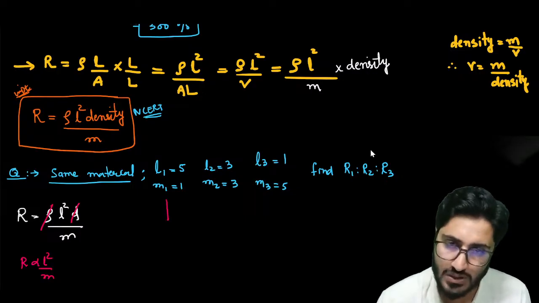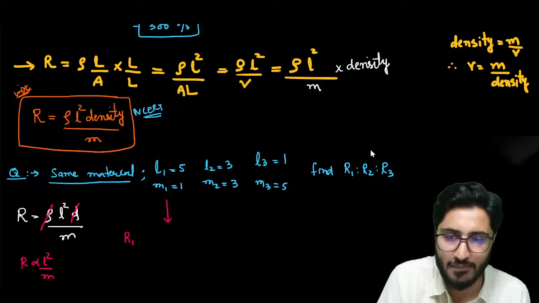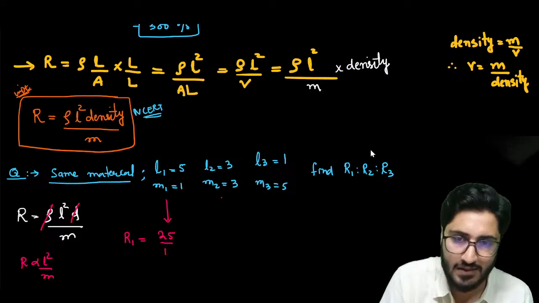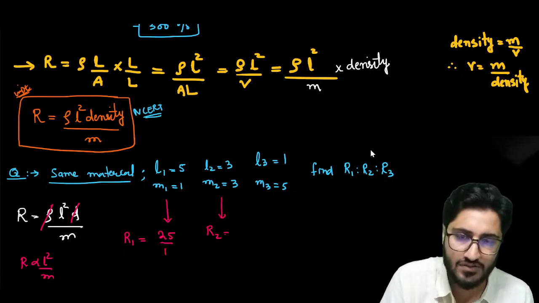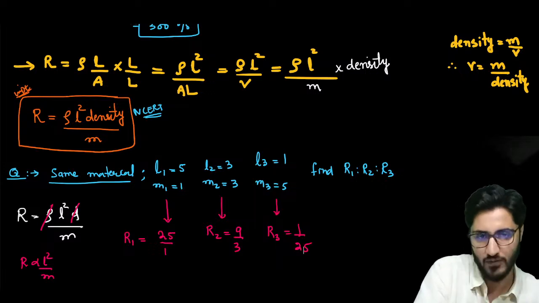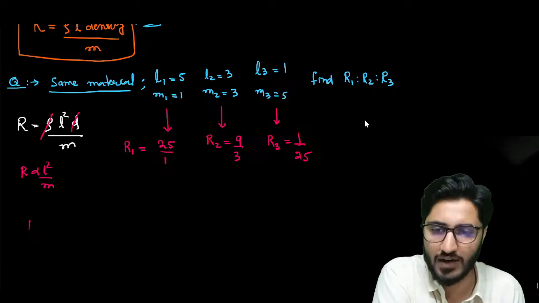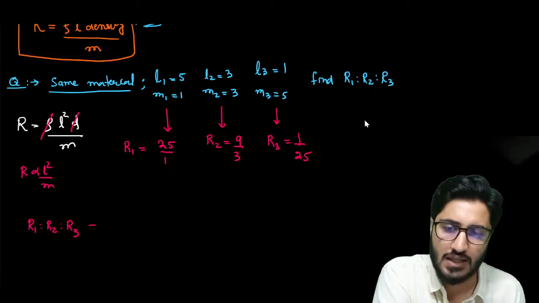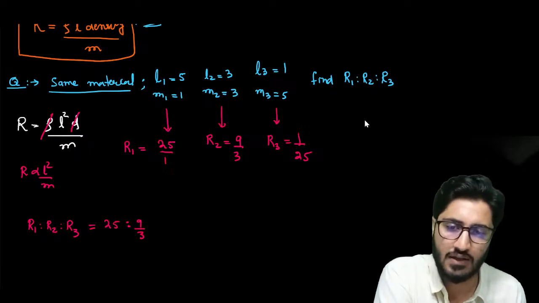So R1 comes out to be 5 times 5, 25, by 1. R2 is 3 times 3, 9, by 3. R3 is 1 times 1, 1, by 5. So R1 is to R2 is to R3 comes out to be 25 is to 9 by 3, then 1 by 5.